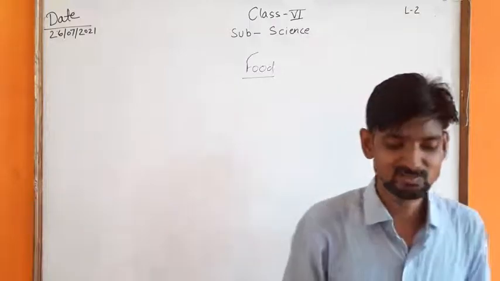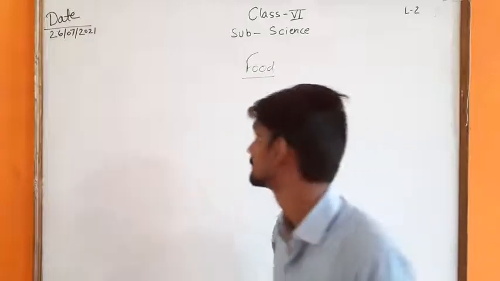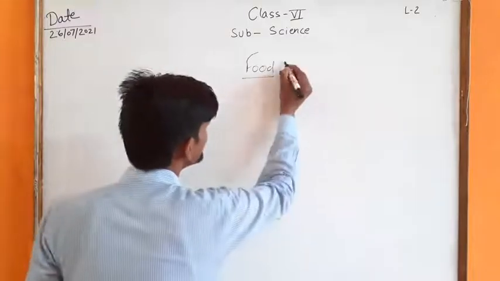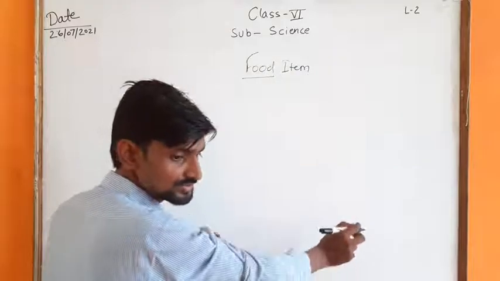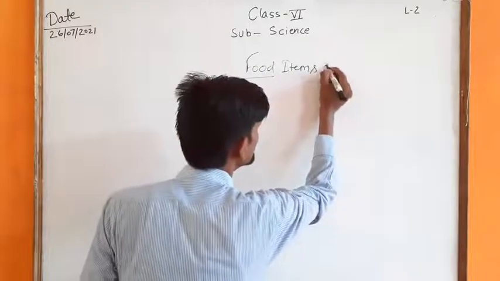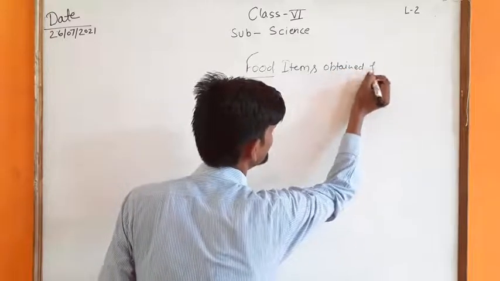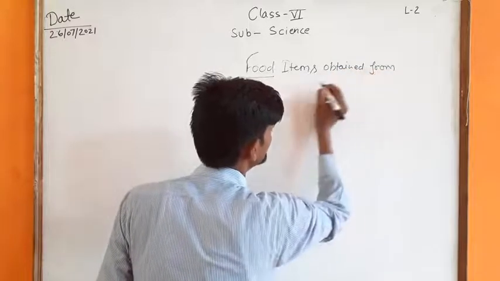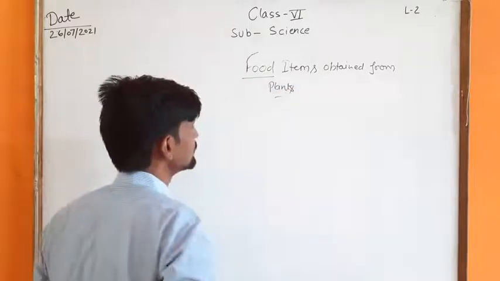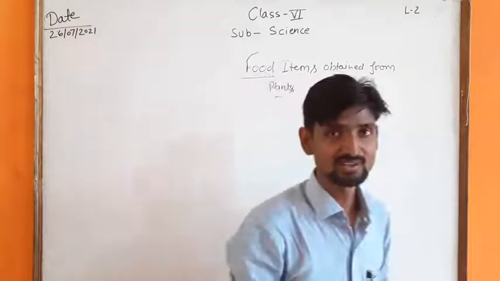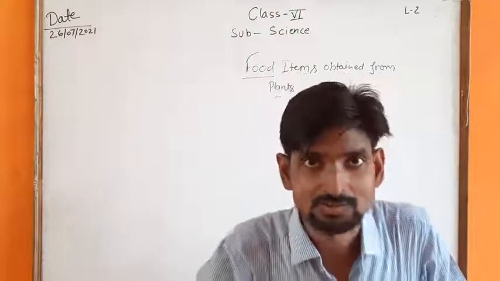So in the next point, we will see food items obtained from plants. Food items obtained from plants means what kind of food items we get from plants.